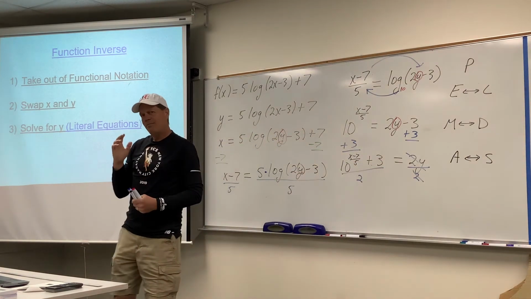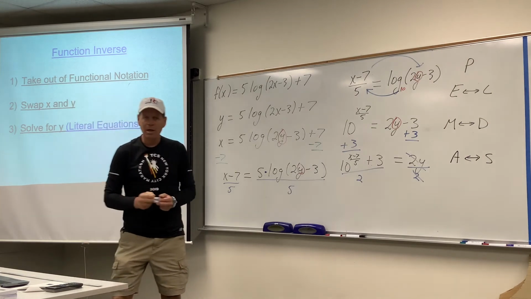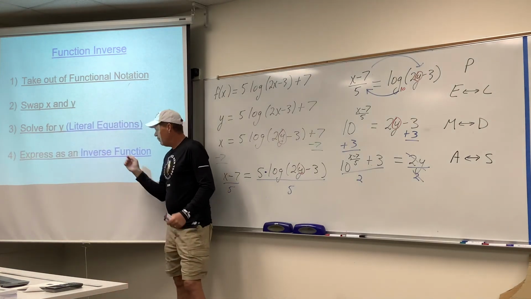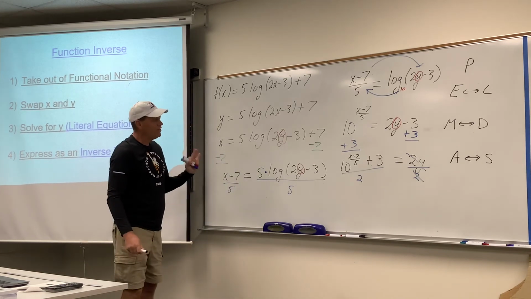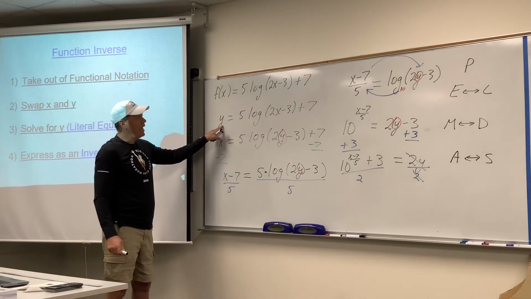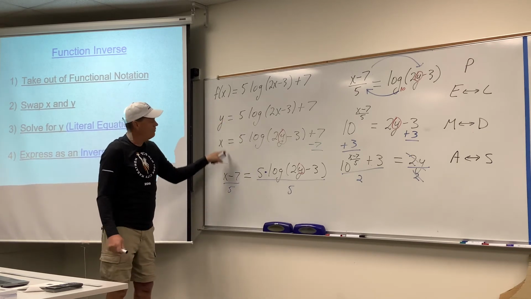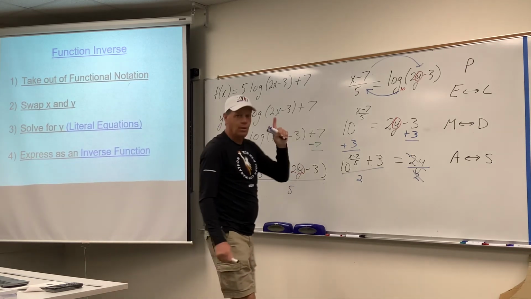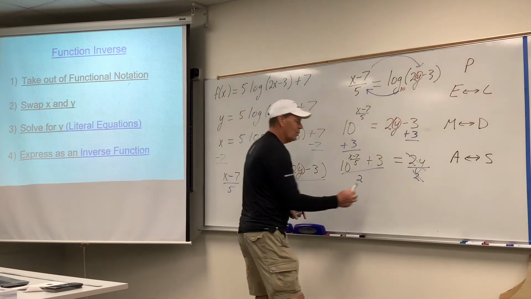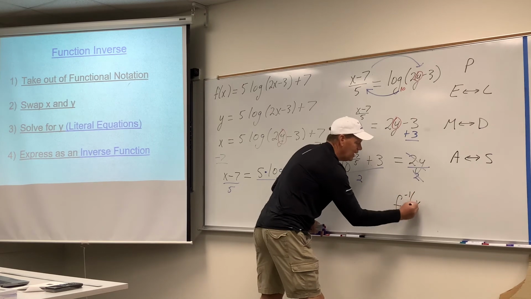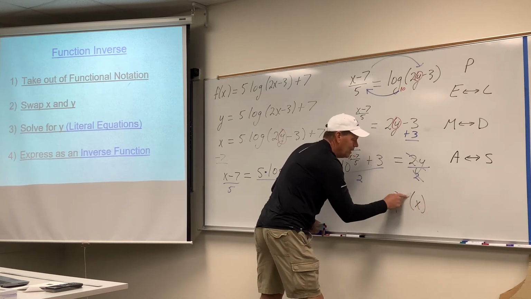And then the very last step on a function inverse, you might recall, was to express it as an inverse function, whereby we said, well, if the y clear back here was f of x, then the y that we got after we switched them would be called f inverse of x. So the nice, beautiful, pretty mathematical answer would be f inverse of x. Let me make that a little easier to read.